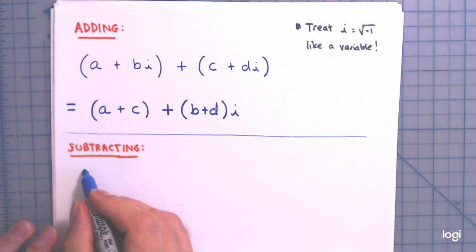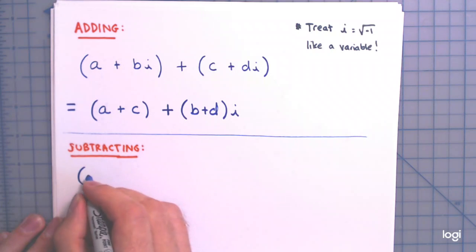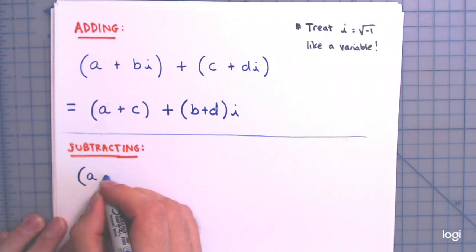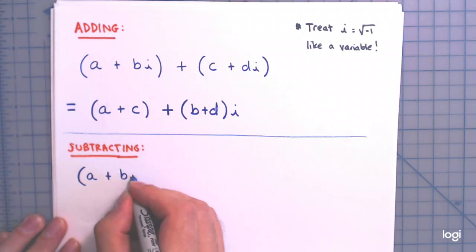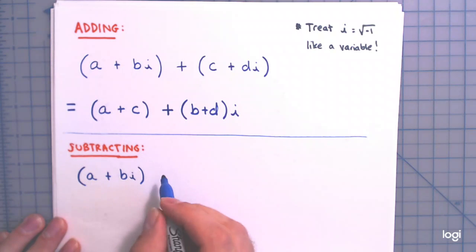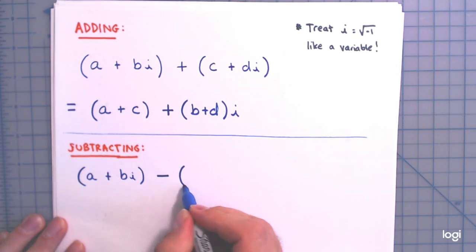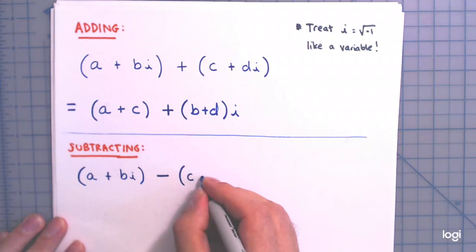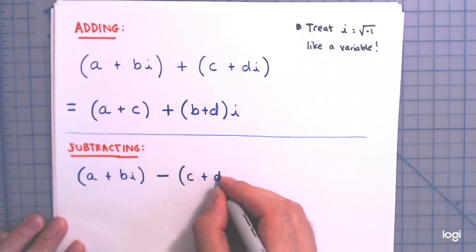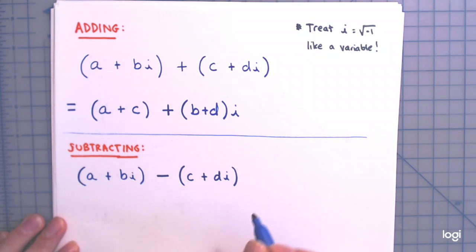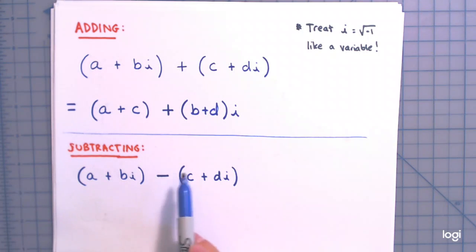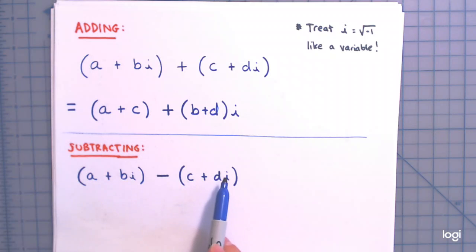When you take two complex numbers, here's one, again, this a plus bi, where a and b are real. And then suppose I then subtract from that the other complex number here, c plus di. Now in this case, you are doing subtraction. So if we'd like, I could rewrite this.